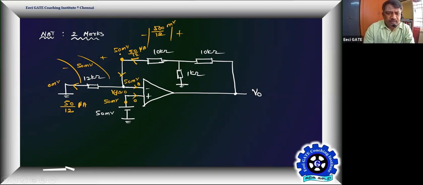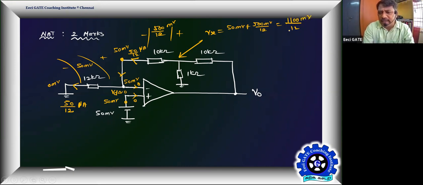Then this is 50 millivolt. Add 500 by 12. That is going to be this potential. Call it Vx. So 50 plus 500 millivolt by 12. Taking LCM as 12, 12 into 50 will be 600. 600 plus 500 will be 1100 millivolt.